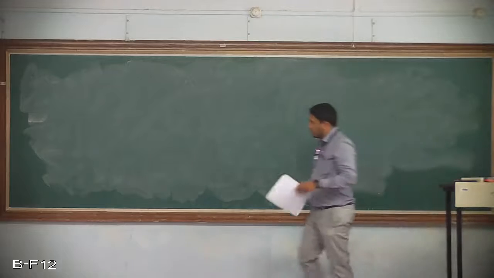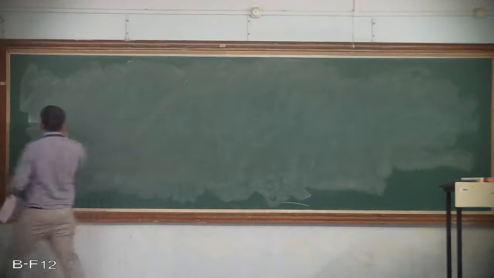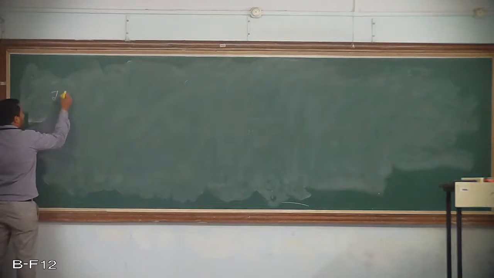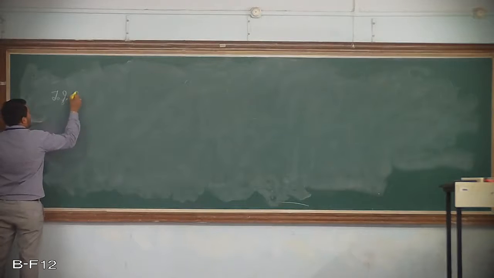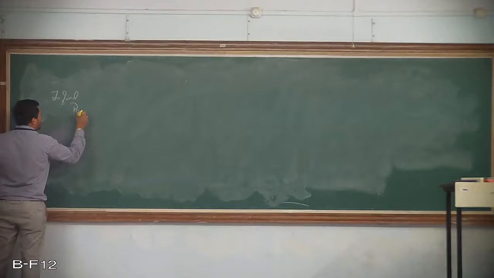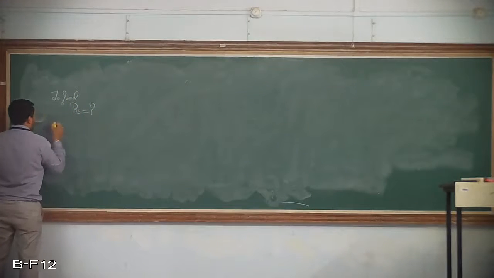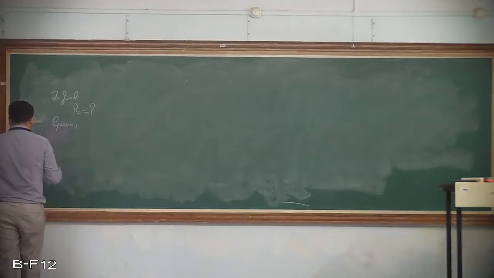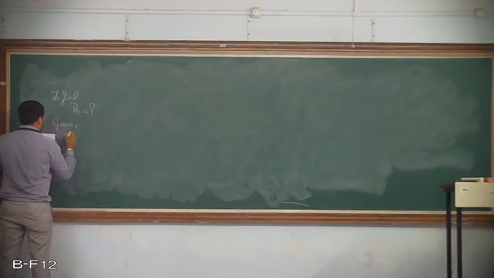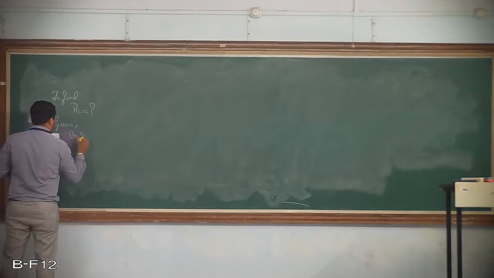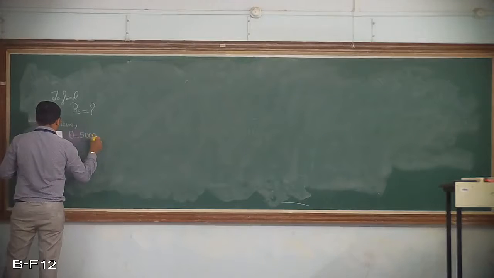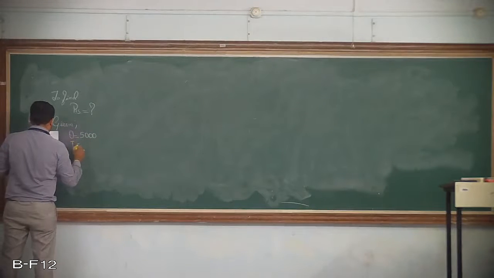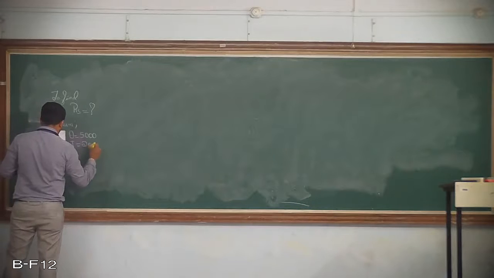So again, here in this problem also, what we need to find is the reliability of the system. And what is given? The mean time between failure is given as 5000 and time period is given as 200 hours.